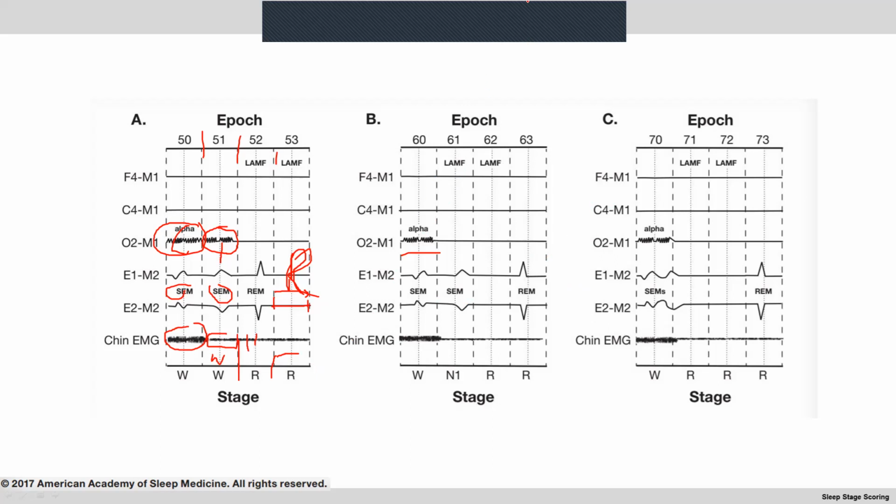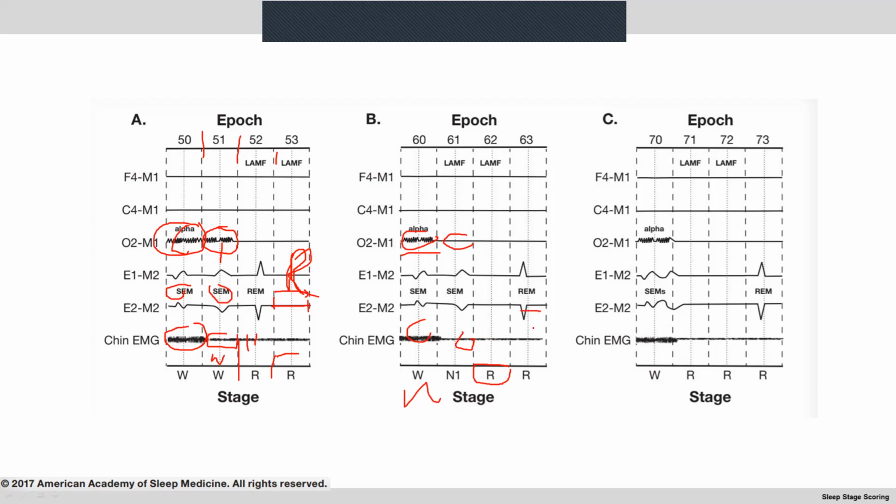Okay, so next. Fine. So again alpha is there, high EMG is there, then big slow eye movement is there, chin EMG is lower, and there is no alpha. Again, that is R stage because rapid eye movement is there.